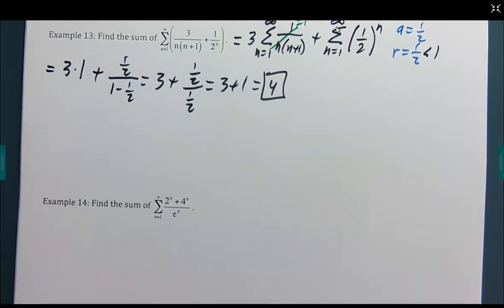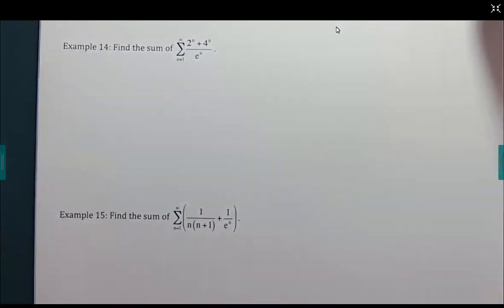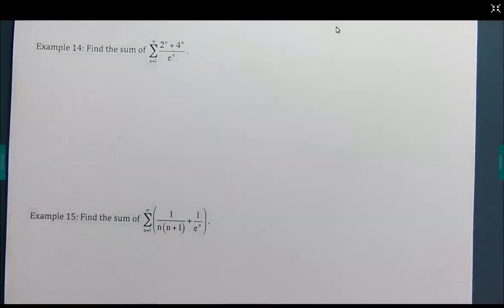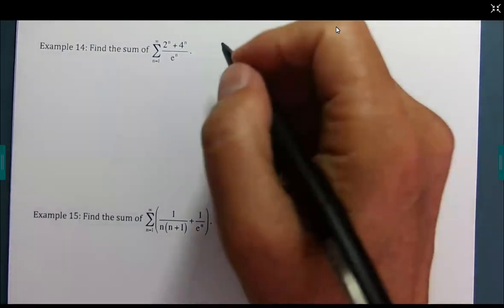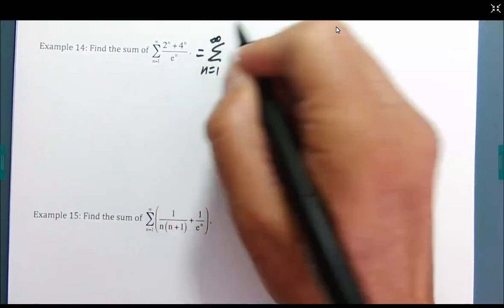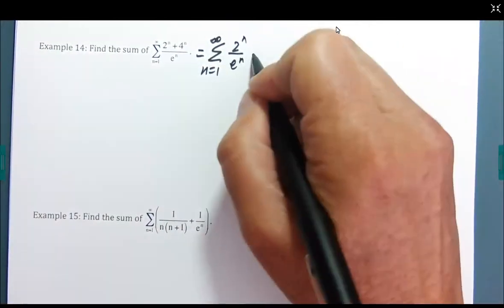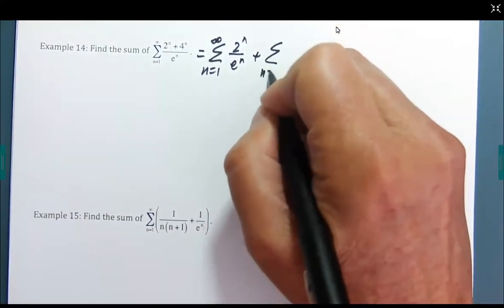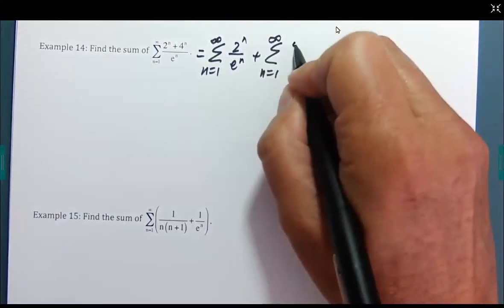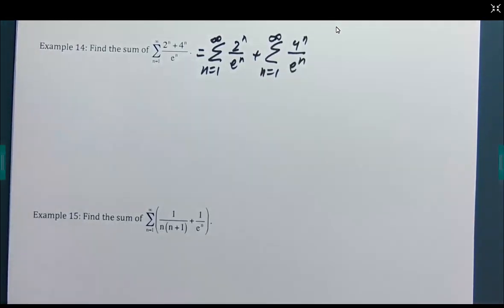All right, let's try this next one. So remember, e is the number 2.7 and change. So I'm going to go ahead and break this up. And this is looking like a geometric series to me.